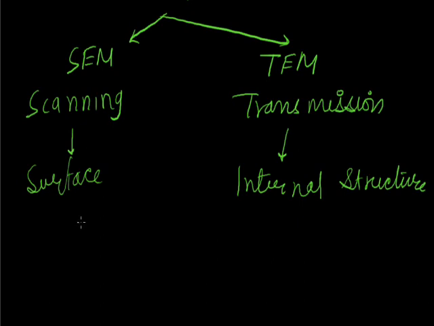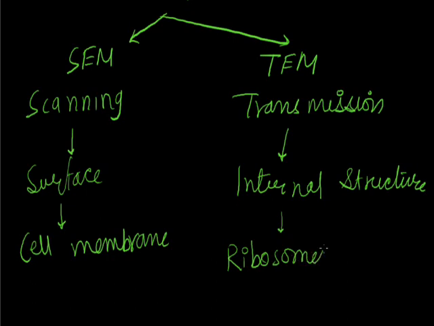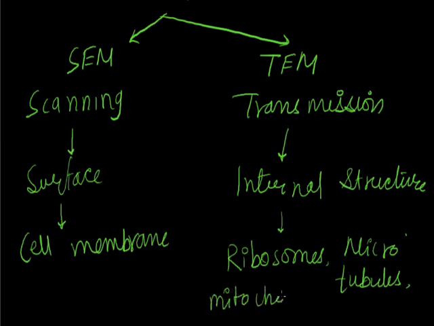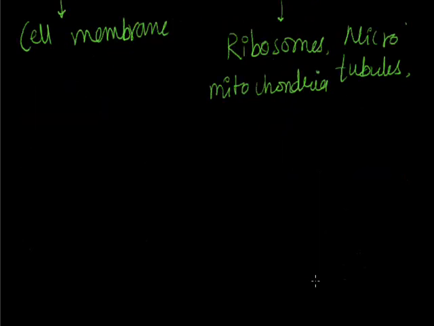With a scanning electron microscope we can easily study the cell membrane, and with a transmission electron microscope the internal structures, ribosomes, microtubules and mitochondria. Very small organelles can be studied by electron microscopes.